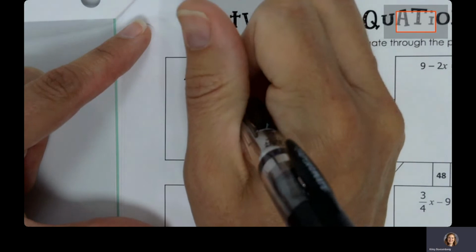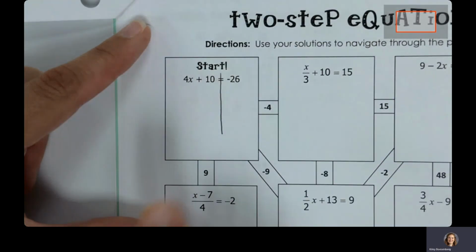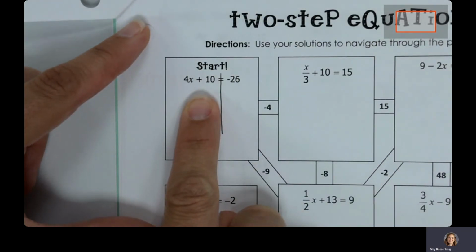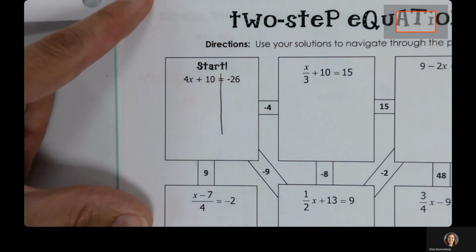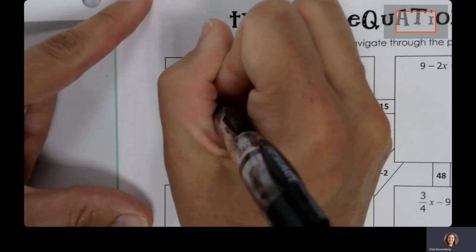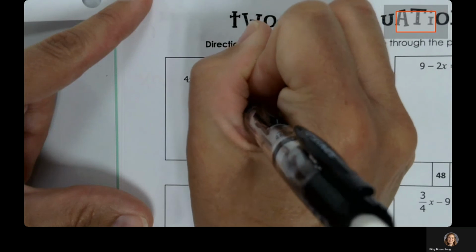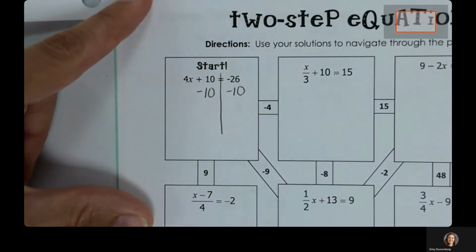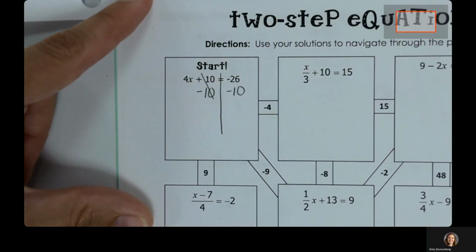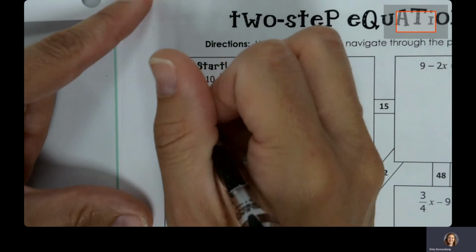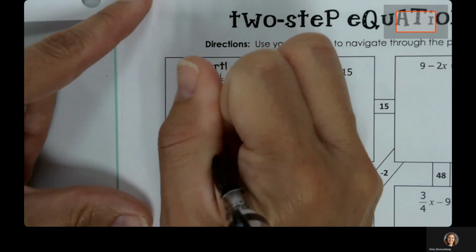Hopefully there's enough room for you, but I'll get rid of my plus 10 first by doing minus 10. Bring down my 4x.